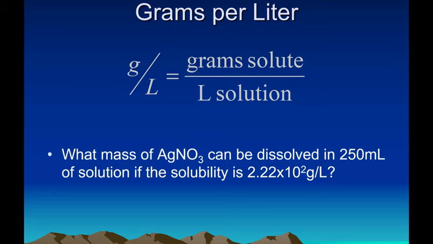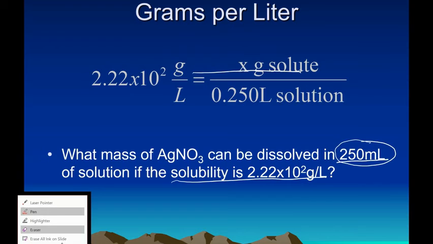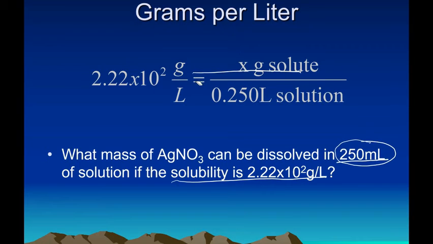So I have the solubility, my grams per liter, and I have my liters of solution. I'm just going to remember to divide by 1,000 to get liters. I'm trying to solve for grams of solute. So I have my 222 grams per liter equals X divided by 0.250.